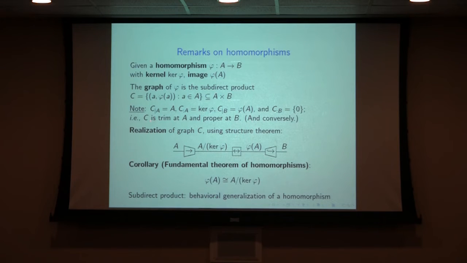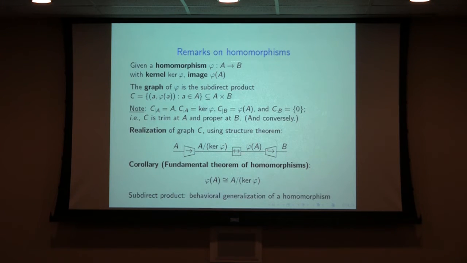So in a homomorphism, the graph C is always trim at A and proper at B. And conversely, if we have a subdirect product which is trim at A and proper at B, then it's the graph of a homomorphism.